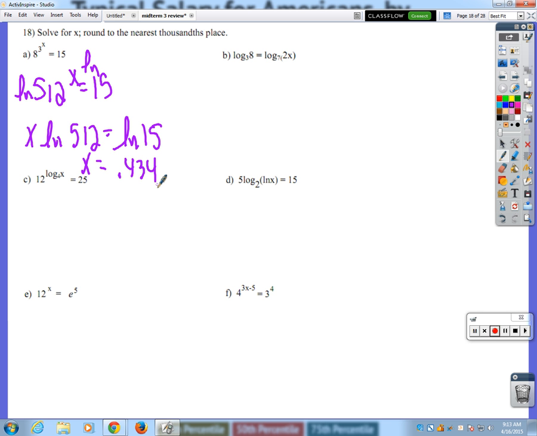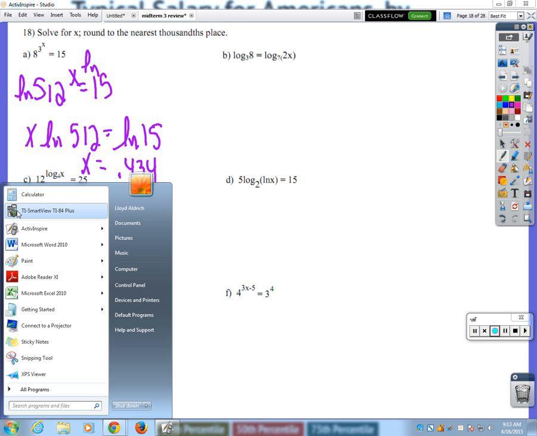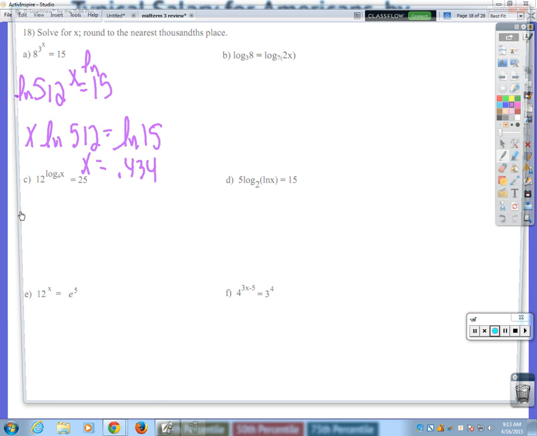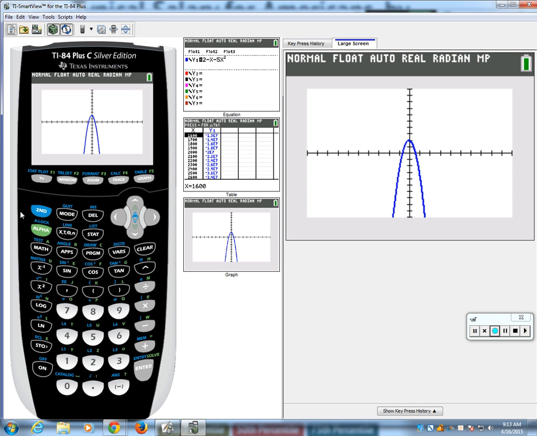Alright, how about B? There are two ways you can do this. You can use the change of base formula and go log of 8 divided by log of 3, and that would give you the answer.